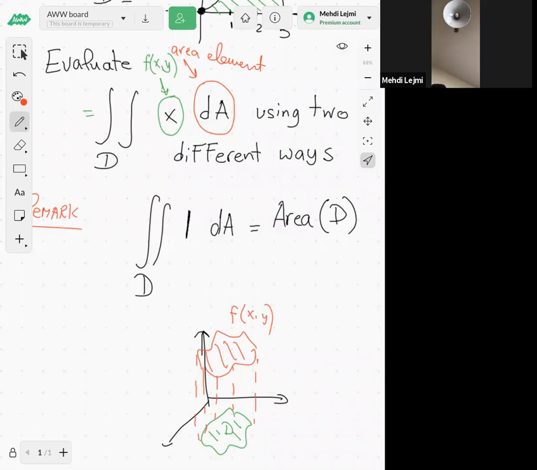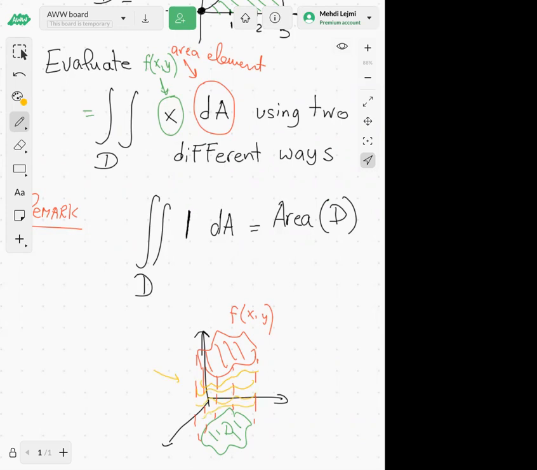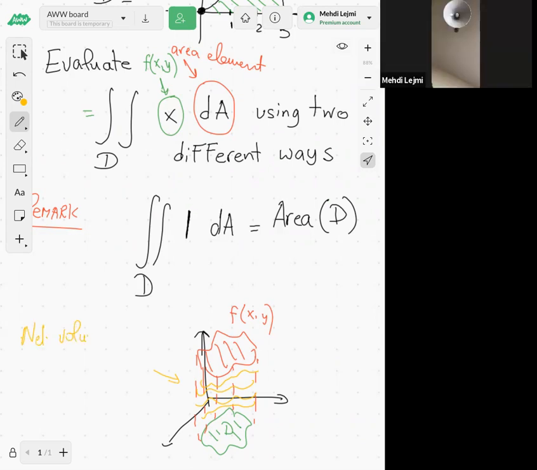So this double integral will be the net volume of this solid, bounded between the graph of f and your region D. The volume of this solid here will be the double integral of this function here.